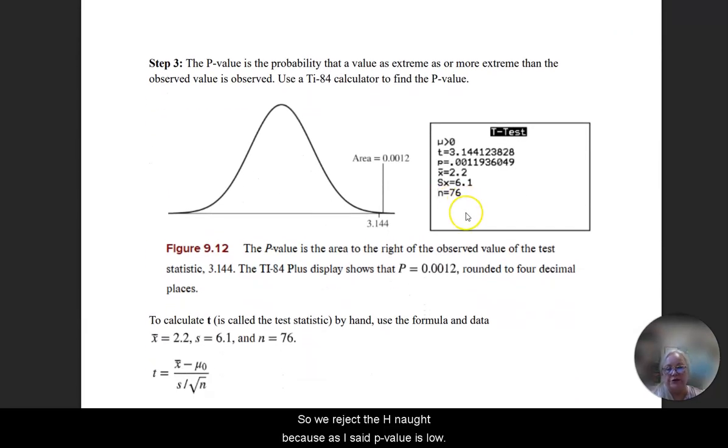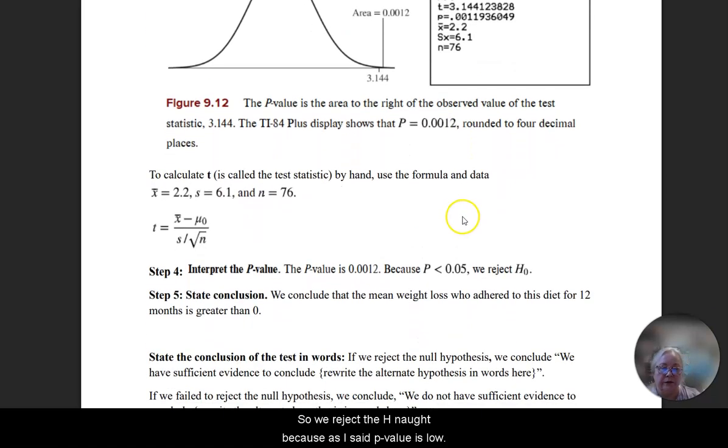So we reject the H0 because, as I said, the p-value is low. And we state the conclusion that the mean weight loss for those who adhere to this diet for 12 months is greater than 0.